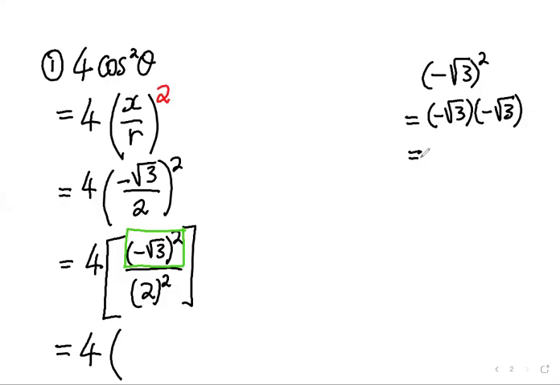Negative times negative is positive, so you're left with root 3 times root 3, which is the same as root 3 all squared. The square and the square root cancel, and you get 3.